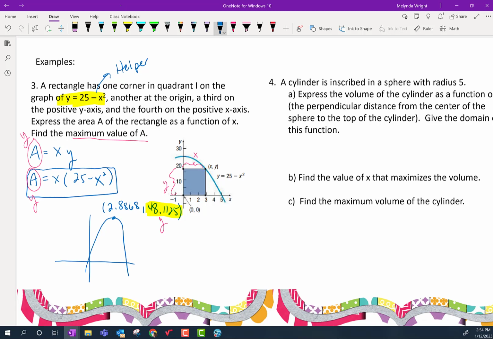So my area max is 48.113, and they don't give us any units, so we're just going to go with that. Now that one required two equations also. It required our area equation, x times y, but then we had to use a helper.